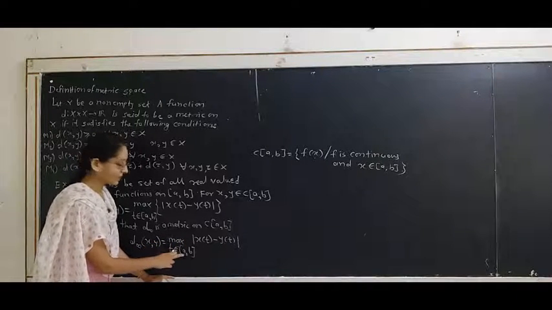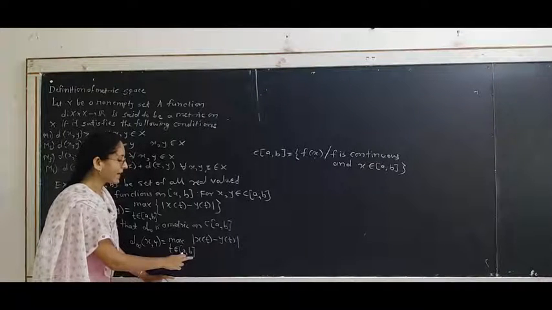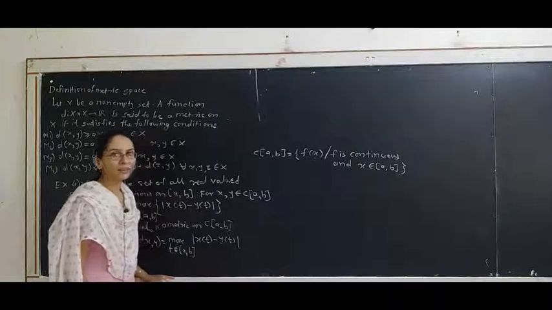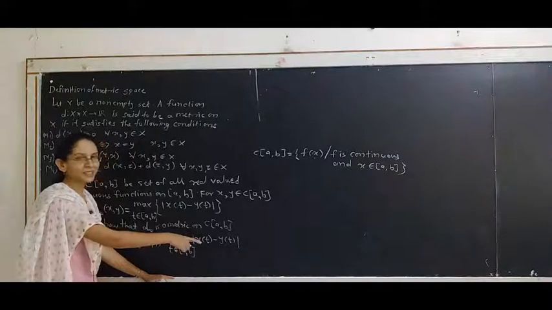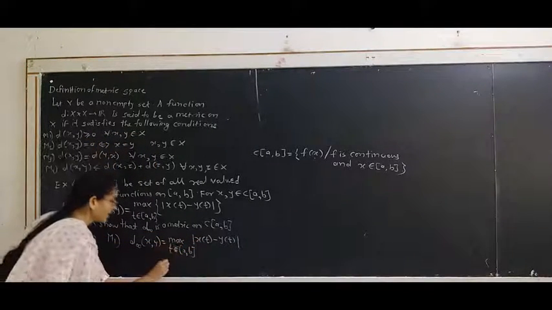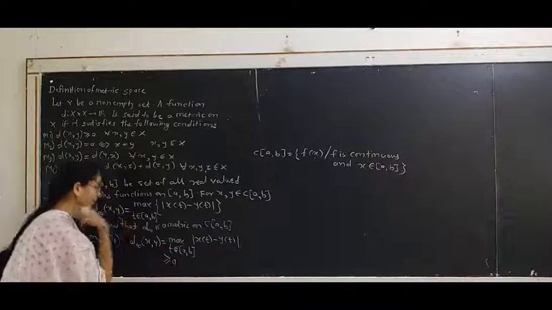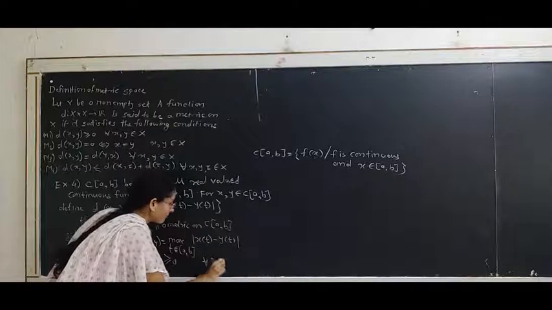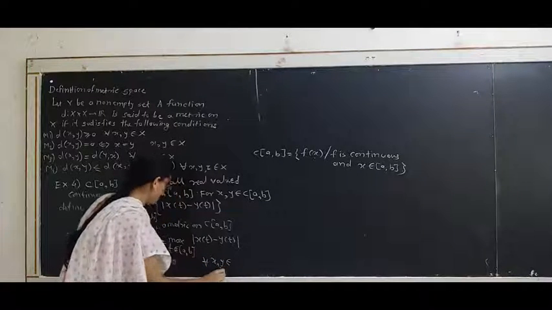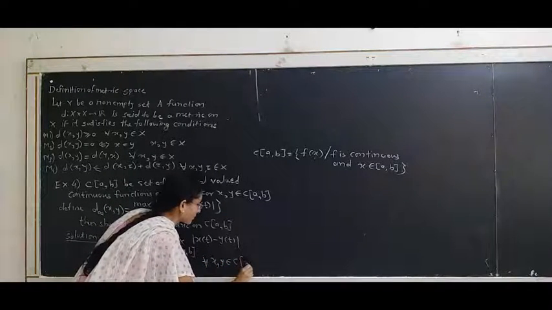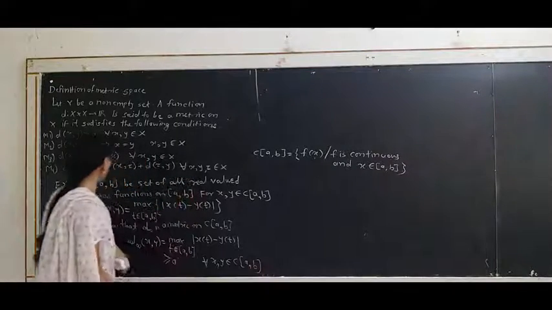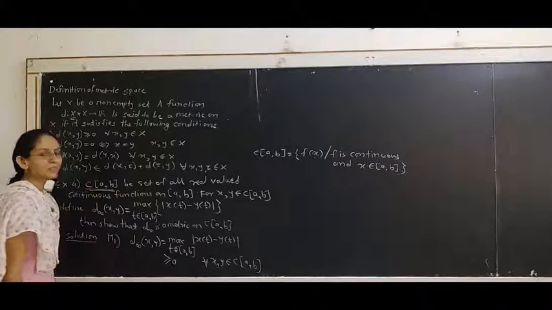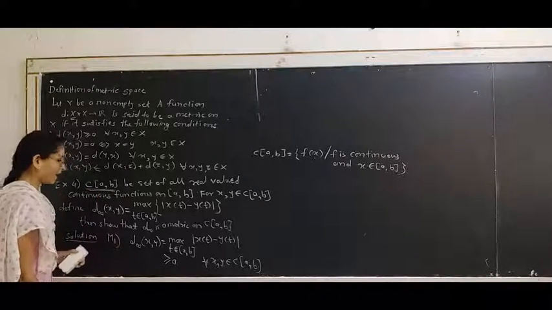As t varies from a to b, we take the maximum of this modulus, hence it is always greater than or equal to 0 because it is a mod function. This is greater than or equal to 0, and this happens for all x, y belonging to C[a,b], because our set is the set of all continuous real valued functions.